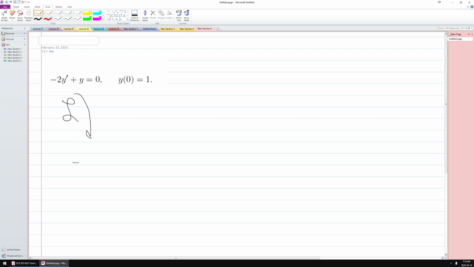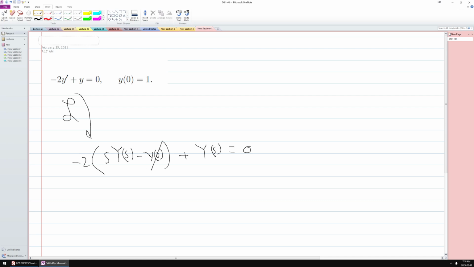Here I'm going to get a minus 2 times Y prime corresponds to s, capital Y of s, minus the initial condition, plus my Y of s, that being the Laplace transform of the y. Laplace transform of 0 is 0. So now the goal is solve for Y and apply initial conditions.